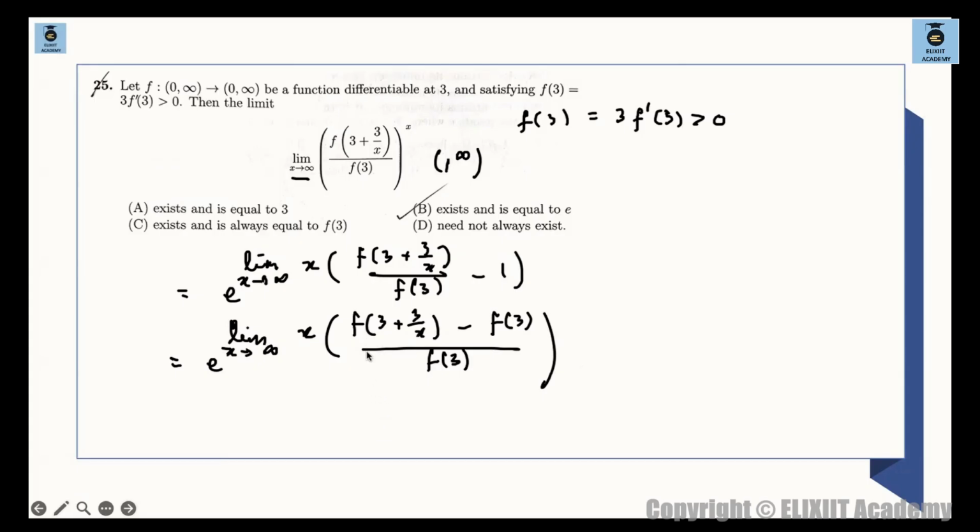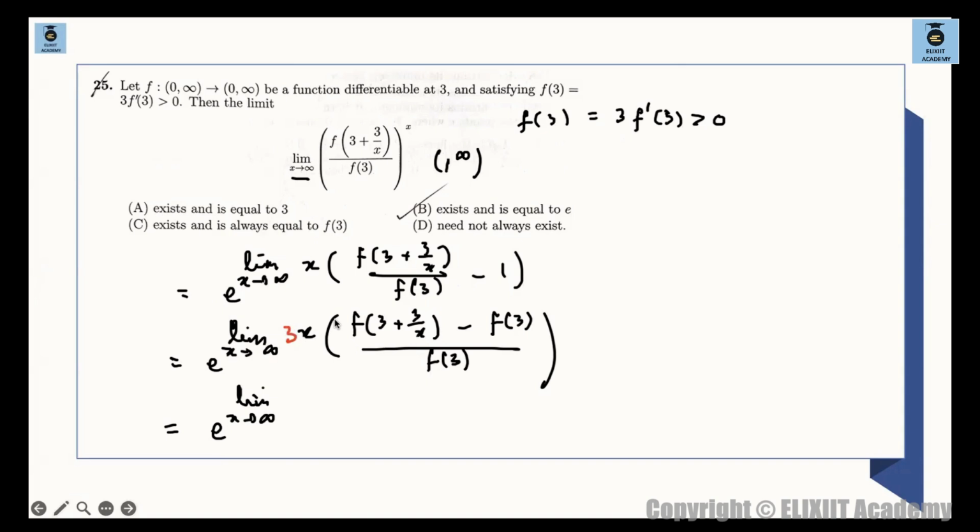Now from here, we have some relation they have given. Next, can we simplify this as e raised to the power of limit x tending to infinity? Can I write this? Yes, just forcefully take a 3 over here and you will get to see the simplifications.